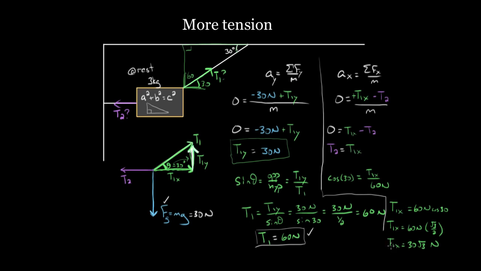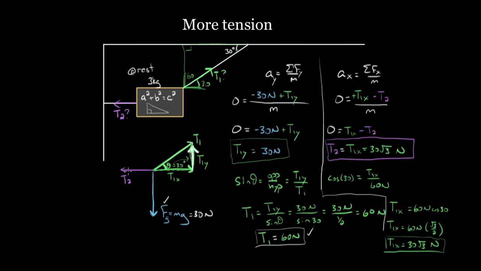And that's what I can bring up here. This is T1x, so T1x right here is 30 root 3 newtons. And by Newton's second law in the horizontal direction, that's what T2 had to equal. So T2 equals 30 root 3 newtons.